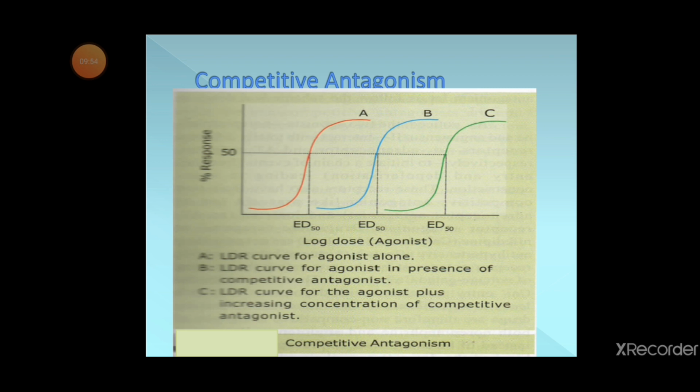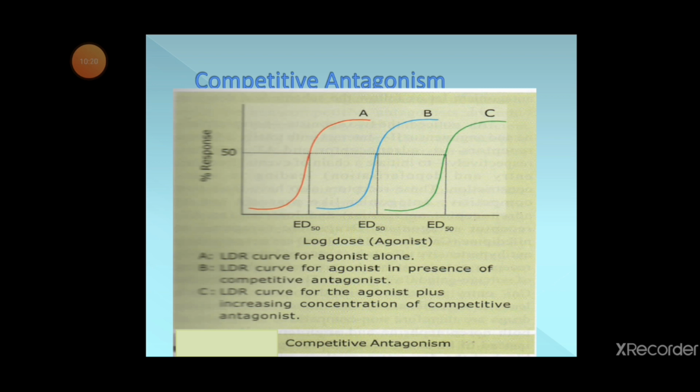You can see here 50% response. From the 50% response, a perpendicular is drawn that meets curve A and curve B. So we can obtain ED50 for agonist alone and ED50 for agonist and antagonist combined.